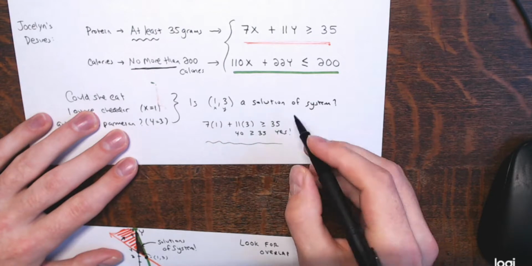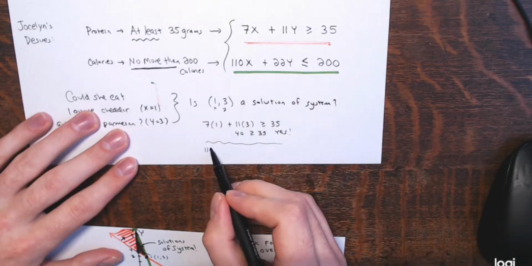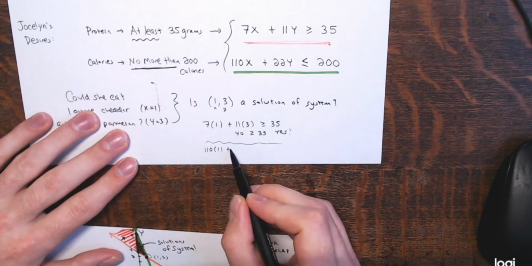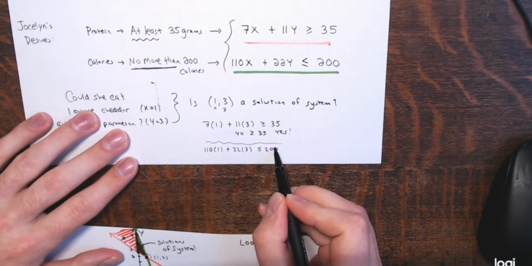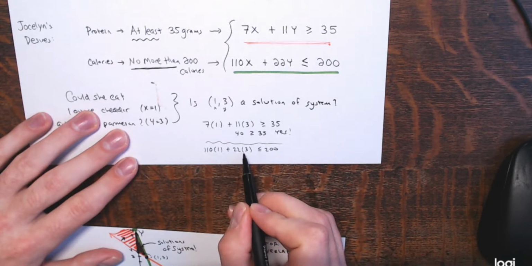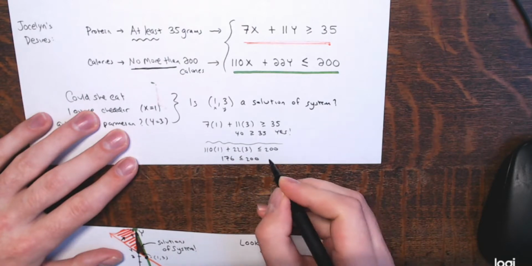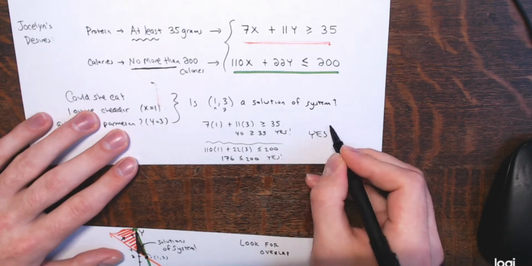So since it satisfies the first inequality, now I go to the second one. 110 times 1 plus 22 times 3, is that less than or equal to 200? Well, this would be 110 plus 66. That'd be 176 on the left. Is that less than 200? Yeah. So the answer is yes. It is a solution.